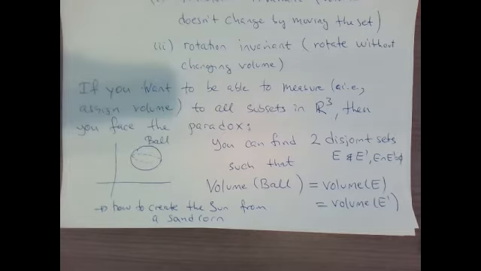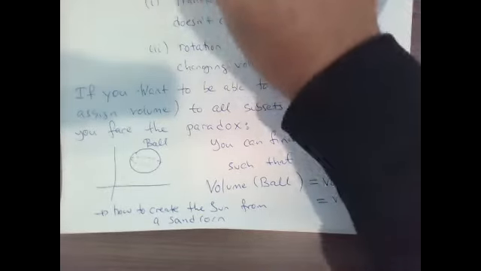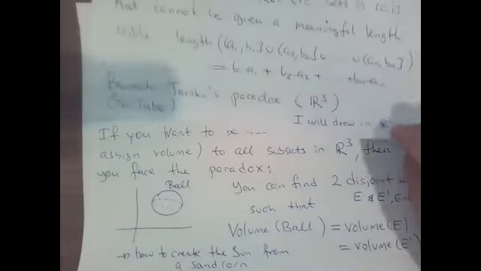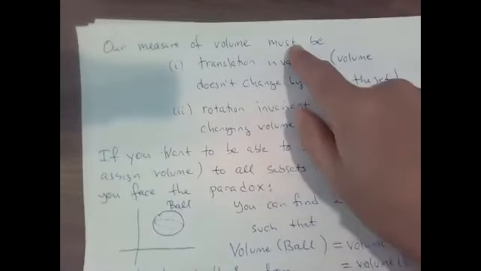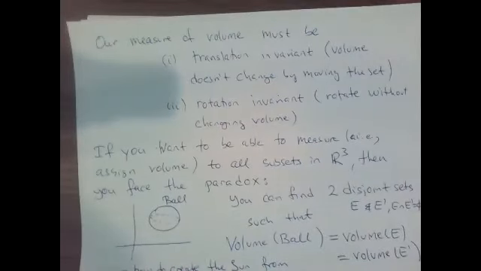This is clearly something that we can't have. So something has got to give, and it is hard to give up these two principles, that rotation and translation can somehow mess up the notion of volume.